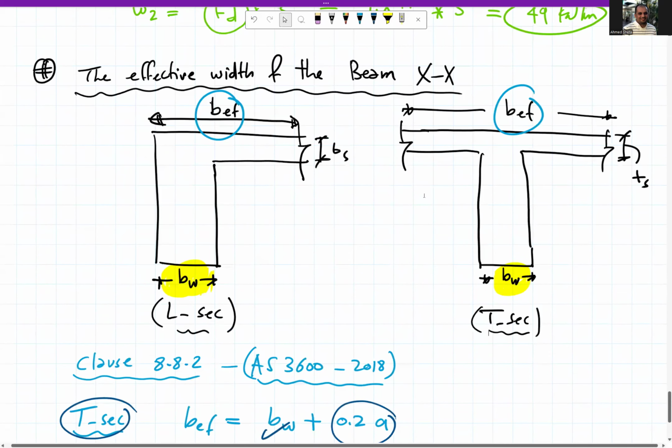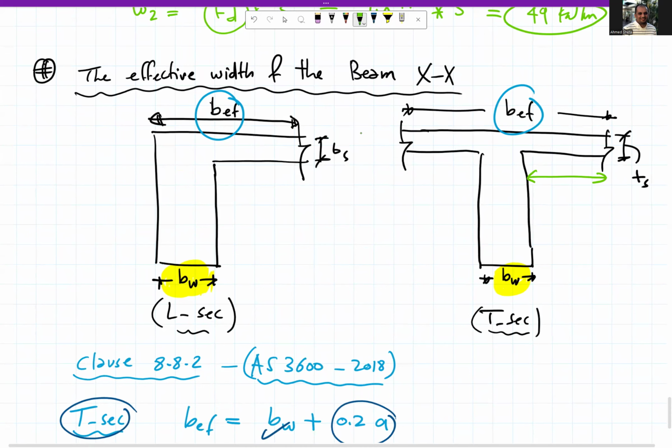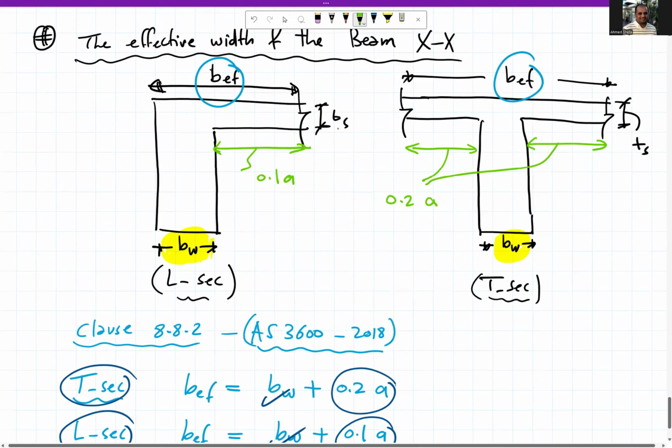Okay. So B effective will be BW plus part. This part actually on the drawing can be understood as this part plus this part. So in this case, these two together is 0.2 A, and in this case, this is what is meant by 0.1 A.